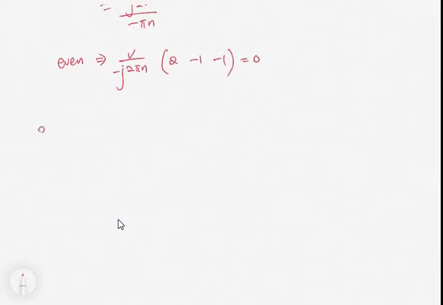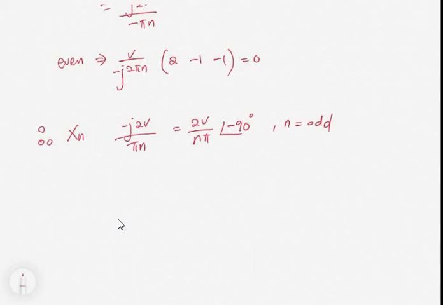So this means that the X Fourier series expansion, the xn, is equal to minus j2v over pi n, equal to 2v over pi n degree with 90 degree when n is equal to odd.